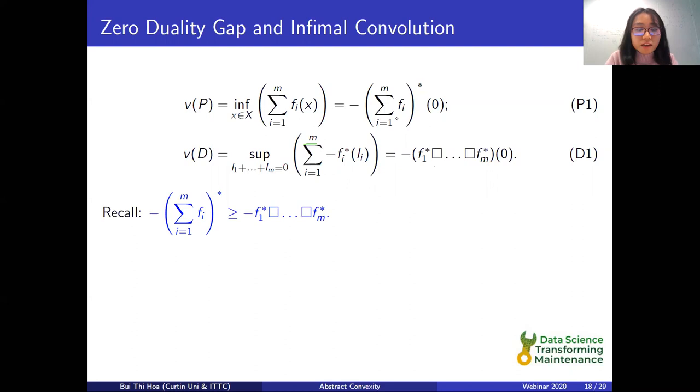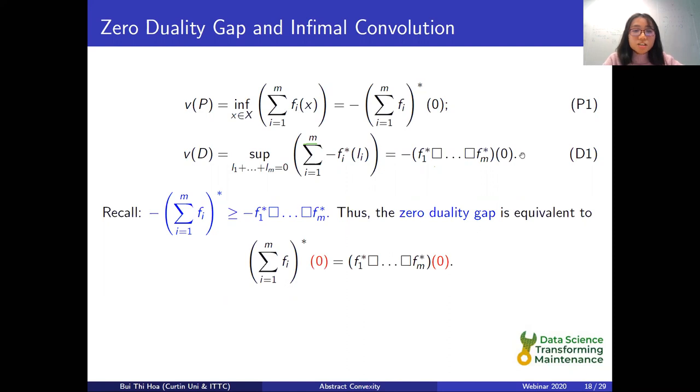So equivalently, recall that from the first section we have this inequality. That explains why V_D is a lower bound of V_P. So naturally, zero duality gap is equivalent to this equality, so these two functions equal each other at the point 0.